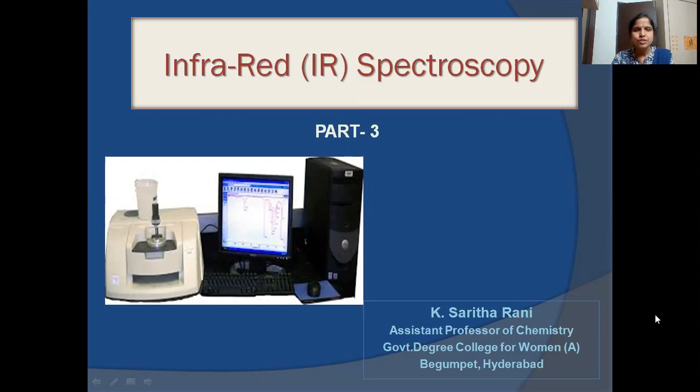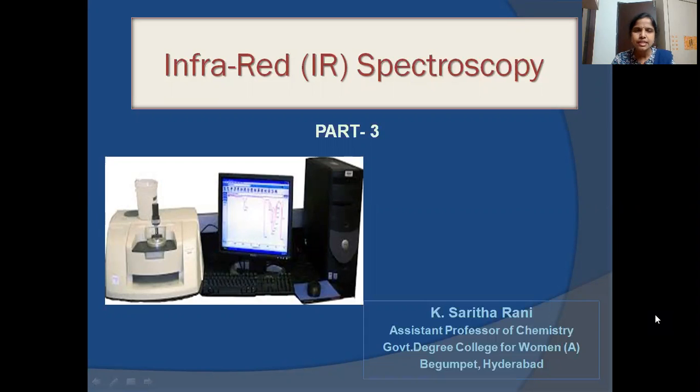So we have completed two parts of IR spectroscopy. In these two parts, we have completed the principle involved in IR spectroscopy, different types of molecular vibrations, and how to calculate the number of vibrational modes for linear and non-linear molecules.